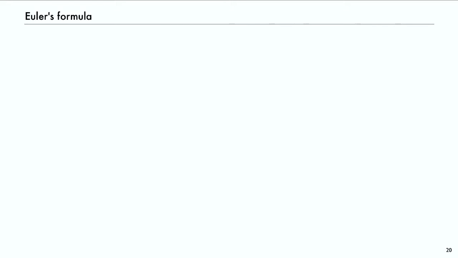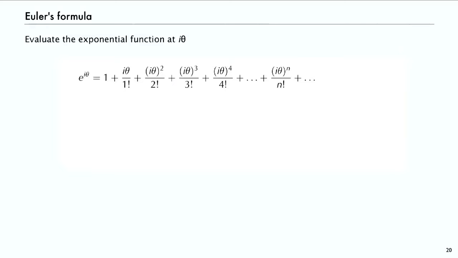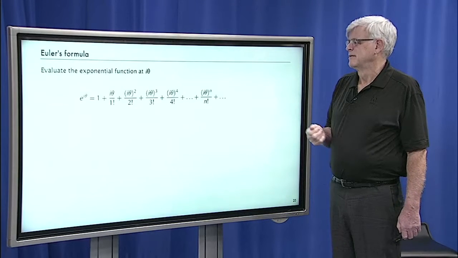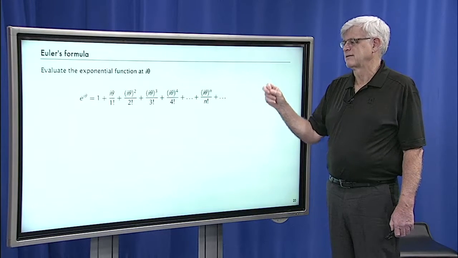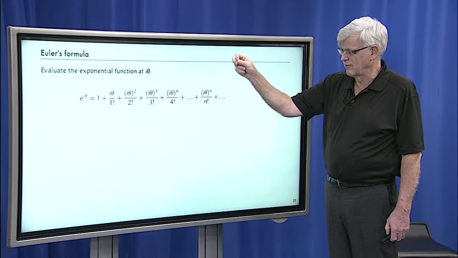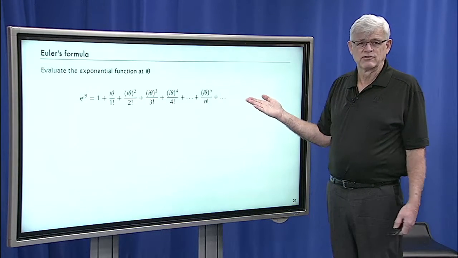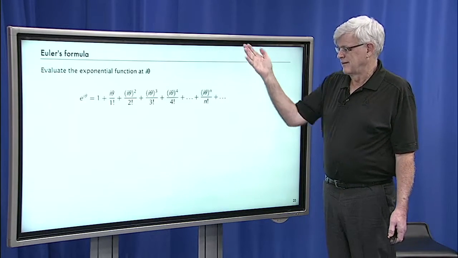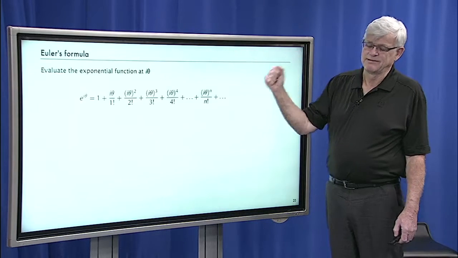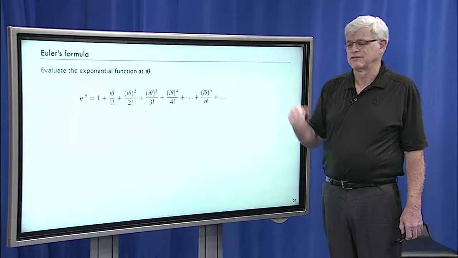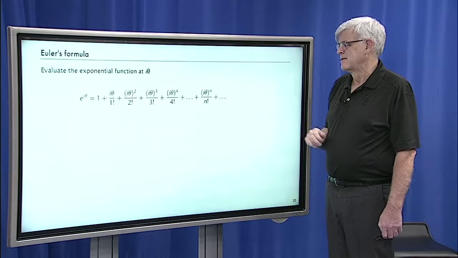There's a really famous particular example of this called Euler's formula. You take the definition of the exponential and evaluate at i theta. So what's e to the i theta? Well, it's 1 plus i theta over 1 factorial plus i theta squared over 2 factorial, and so forth. That's just right from the definition. Exponential is analytic. It's defined at any point, and so it's defined at i theta.